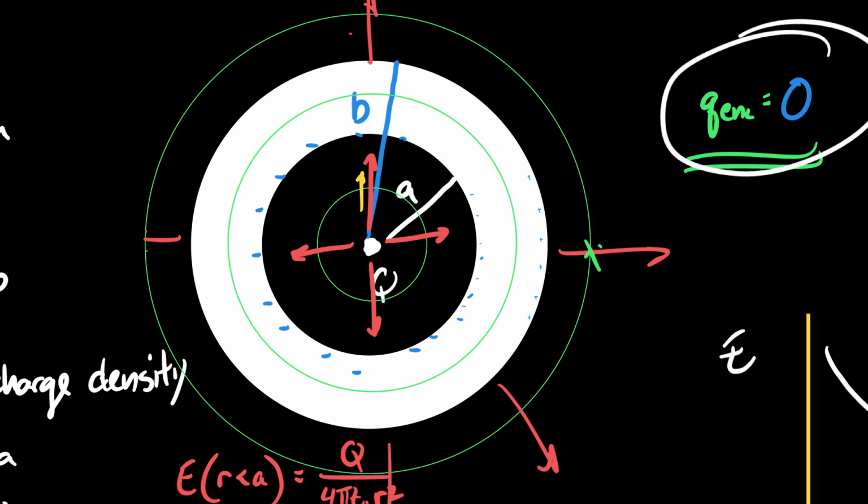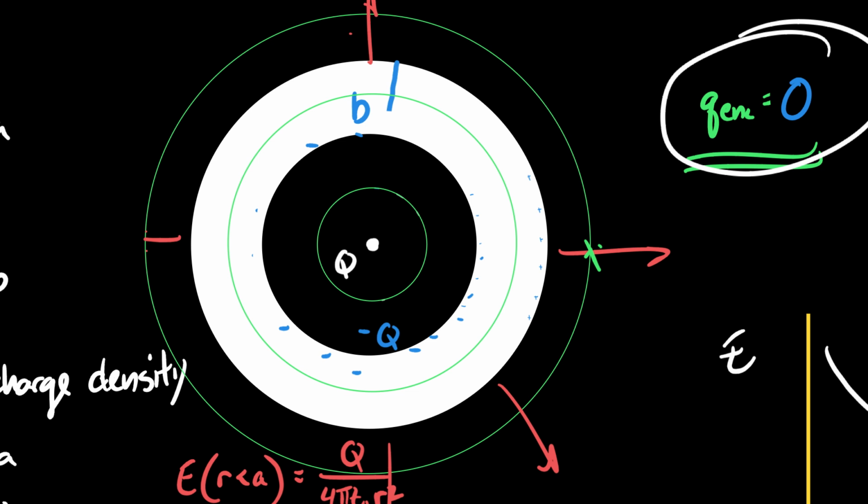So, let's see if I can clean this up a little bit. If I have total charge Q here, on the inner wall there must be a total charge of negative Q spread out uniformly. That's the only way the sum of the charges will be 0.